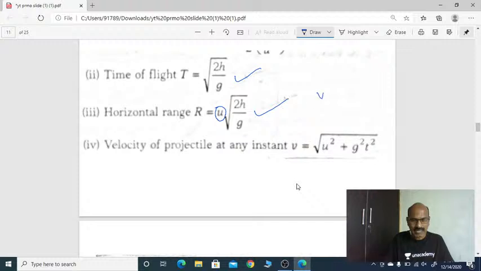We know that velocity equals distance by time, so the horizontal distance equals velocity into time. Here, the initial velocity u into the time of flight, root 2h by g. The velocity of the projectile at any point will be root of u square plus g square into t square. Keep in mind this formula.